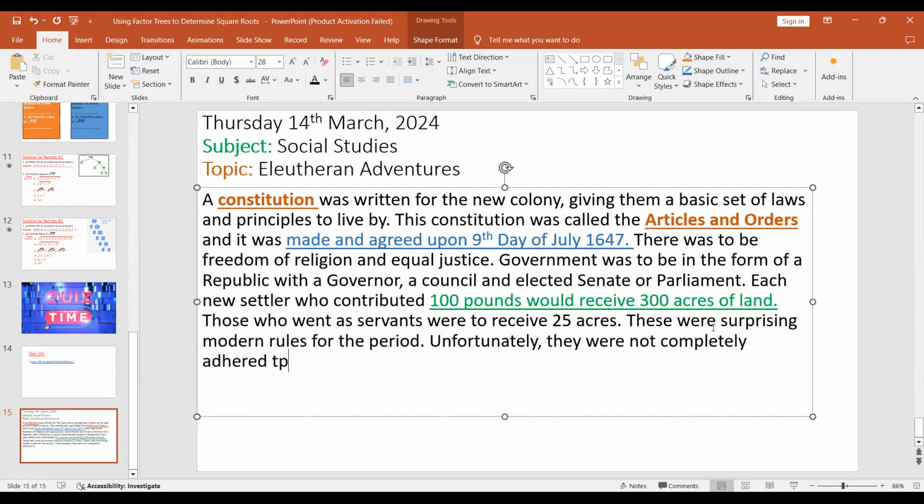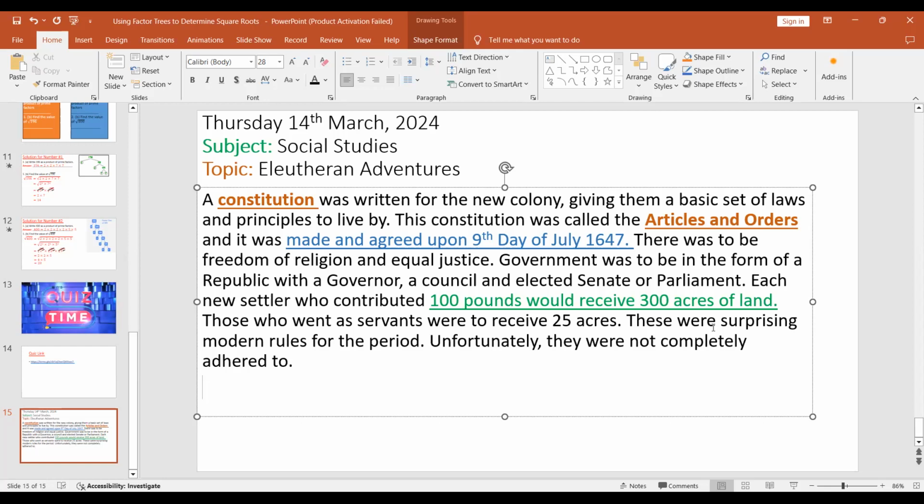And like we said, Eleuthera didn't fare too well. And like we said, even William Sayle returned to Bermuda, right? So there was another island that persons gravitated to.